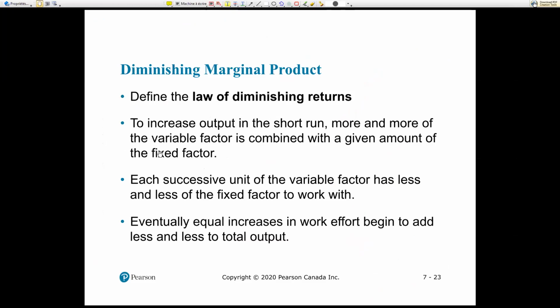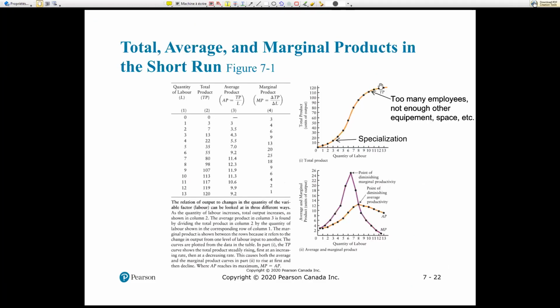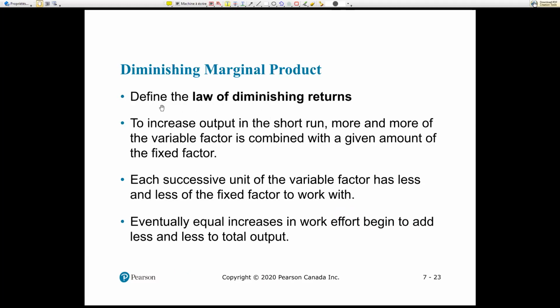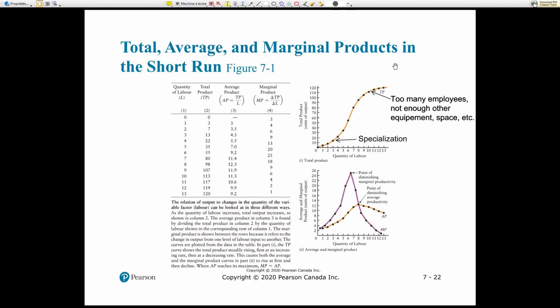All right, so just to summarize what we just said, this part of the curve here is diminishing returns. So it's what we define as the law of diminishing returns. It may sound strange to say that we have laws in economics, something that we observe. So that's how they call it, law of diminishing returns. It means that in the short run, if I keep all my other equipment, capital, workspace constant, then I cannot increase my output very much.